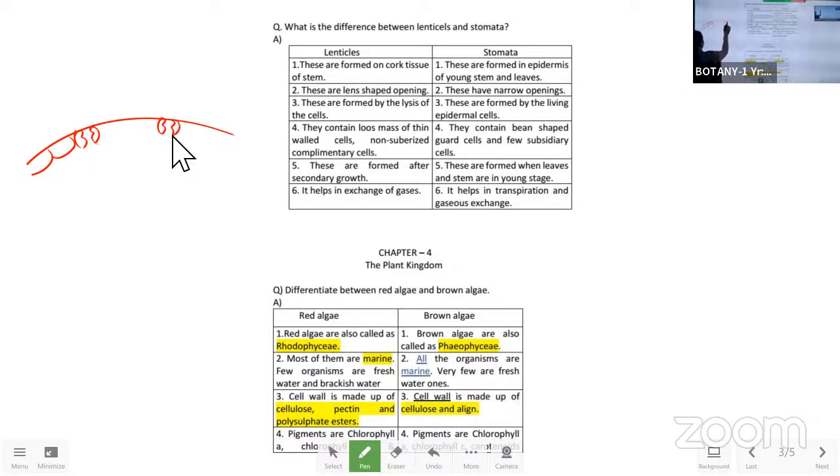We can see the stomatal apparatus as well as in the monocot stem also we can see. And when the dicot stem is very young, then also stomatal apparatus are present.